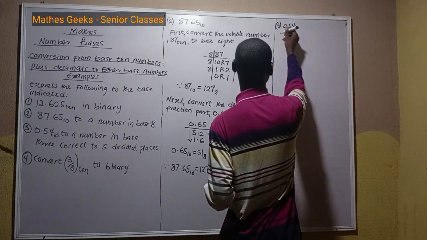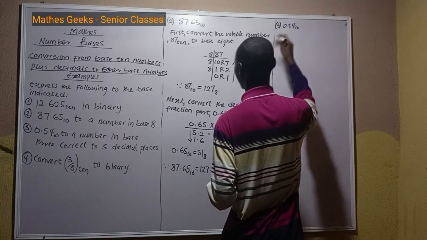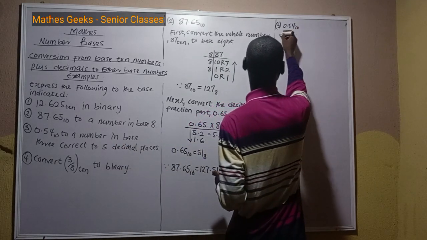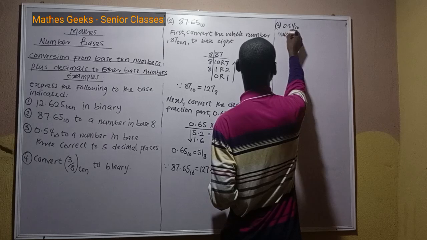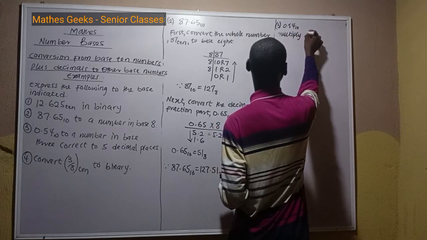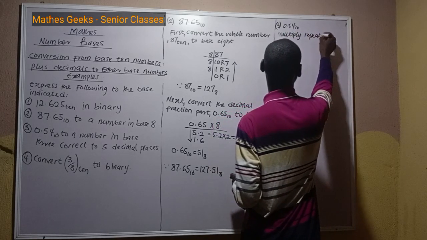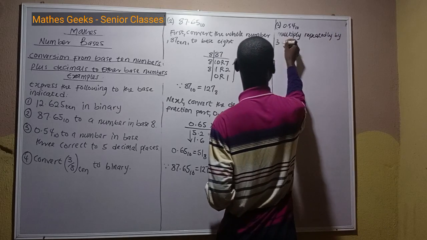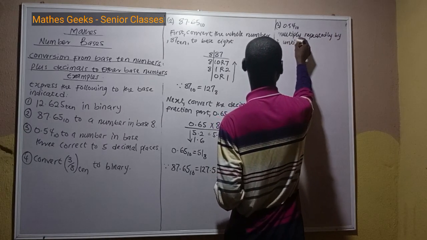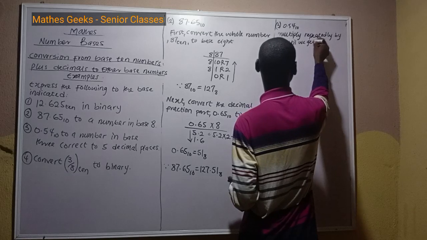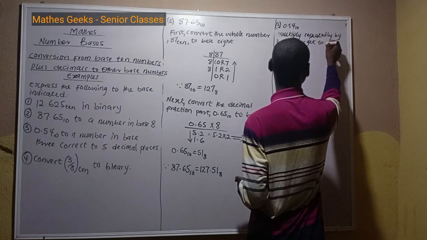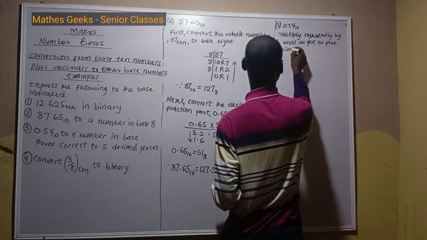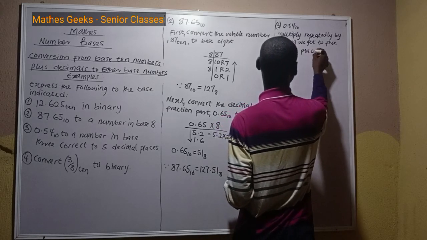So we multiply repeatedly by 3 until we get 5 decimal places.